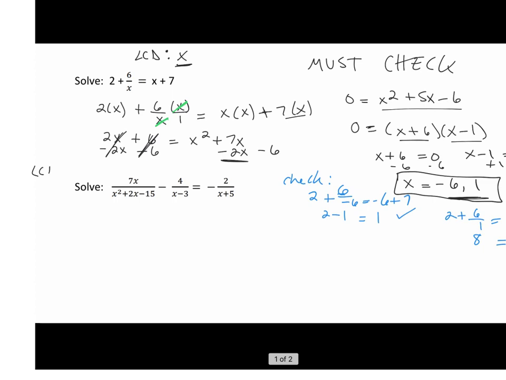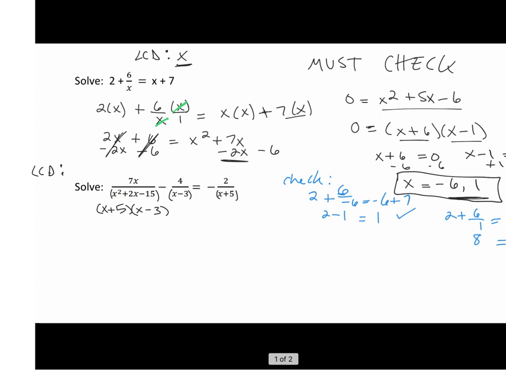Now, our next example, we need to find the least common denominator. And so that means we need to make sure everything's completely factored first, which this is not. So we need factors of x squared and factors of 15 that might add up to a positive 2. Bigger number is positive. So those will be the factors for that denominator.